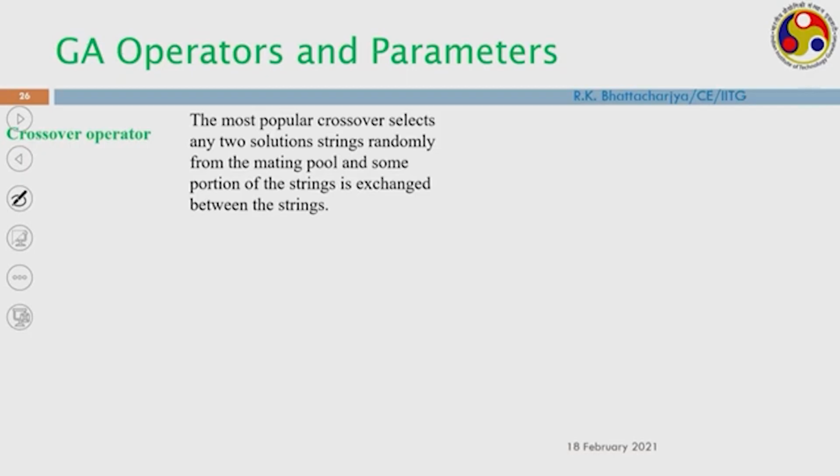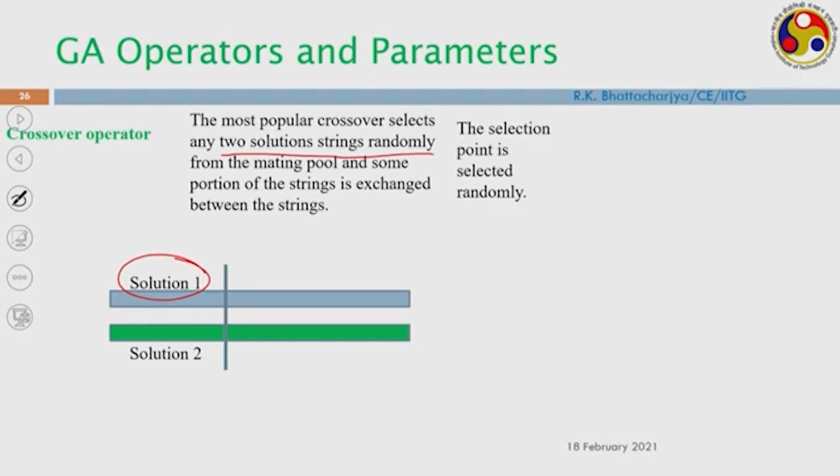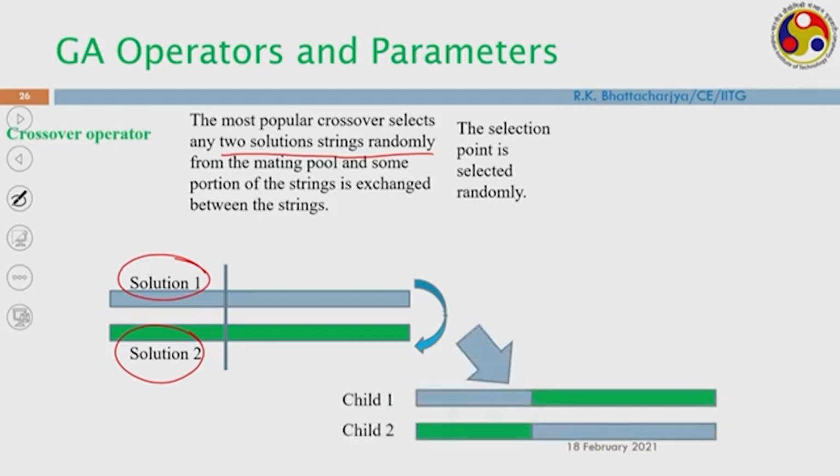So, suppose these are two solutions, solution 1 and solution 2, that you select from the mating pool, and then you select a crossover site. Okay. After that you just swap the information. So, this portion is coming here and this portion is going there.